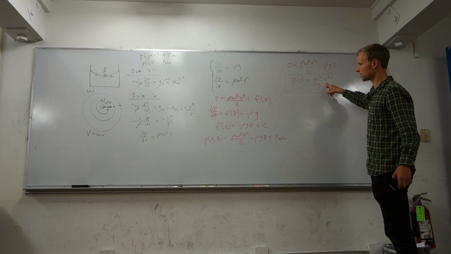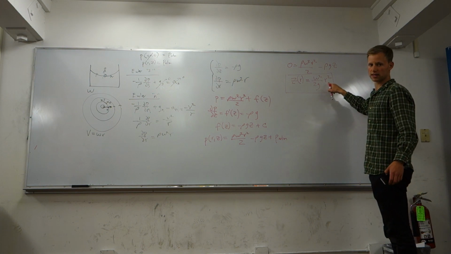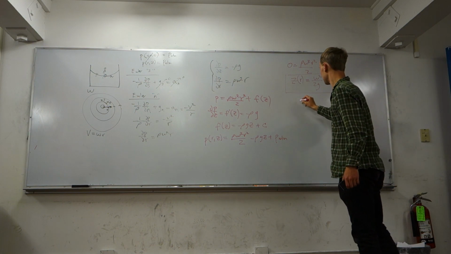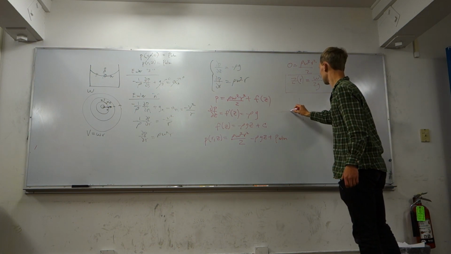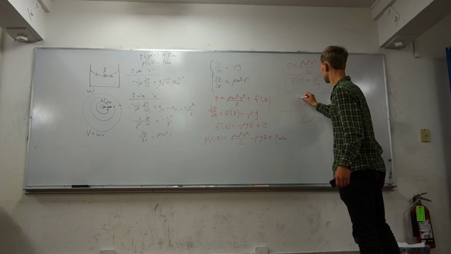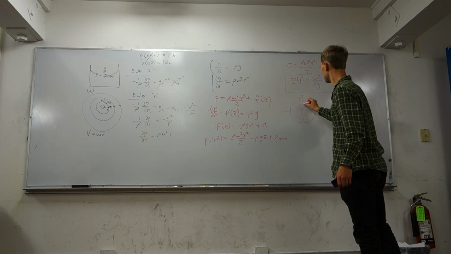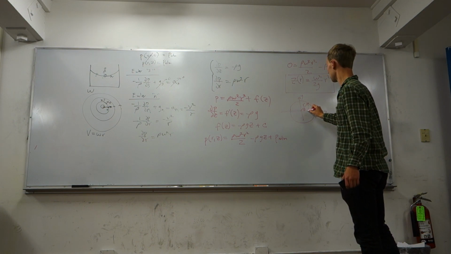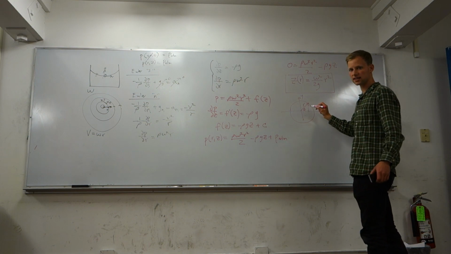And just to check ourselves here, since we're working in cylindrical coordinates, we can convert r back to Cartesian by saying that we have some coordinate system in x, y. This is r, this will be a theta. So our x coordinate is just r cosine theta, and y is r sine theta.